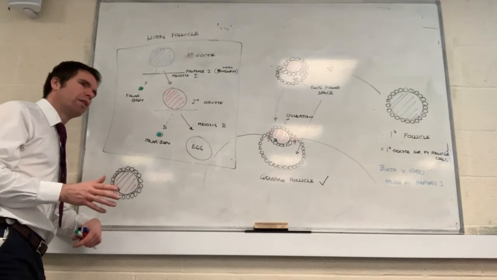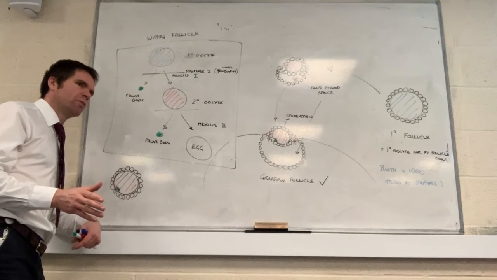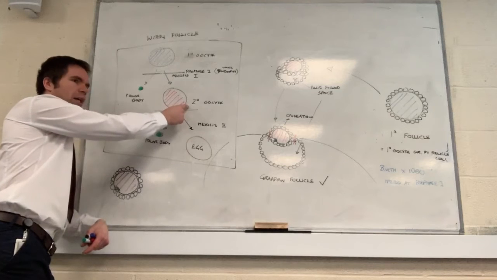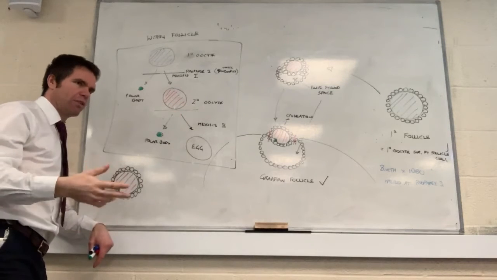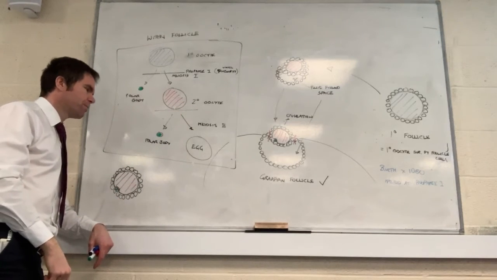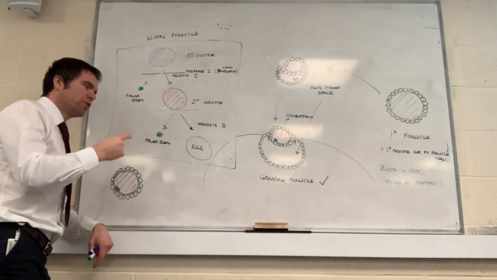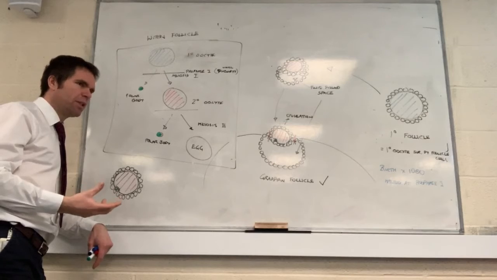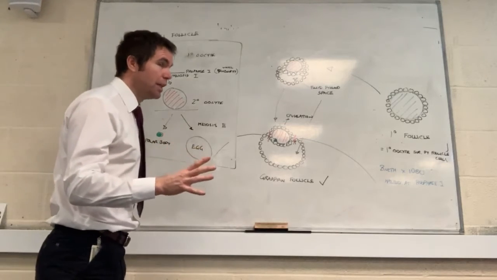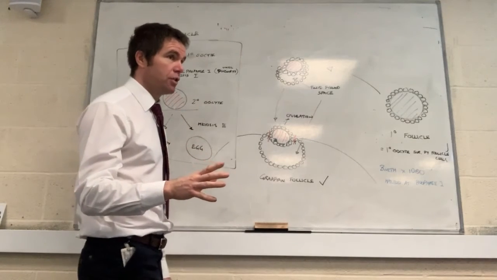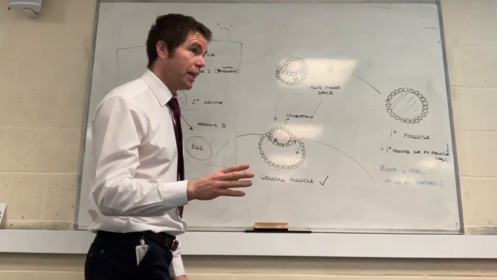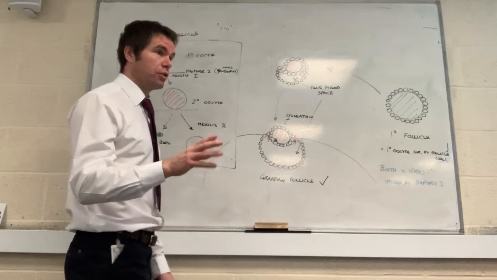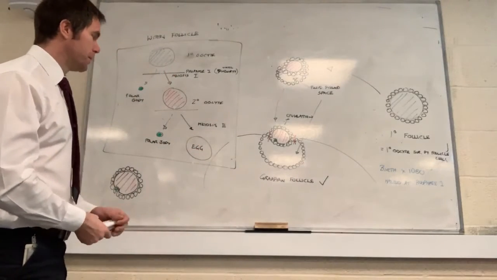Each month a secondary oocyte is released from the ovary, because that's not the egg yet. In order for meiosis 2 to take place, loosely speaking, we need fertilization. That's not quite the right way to put it, but certainly we need the sperm involved. And I'll show you exactly what needs to happen.